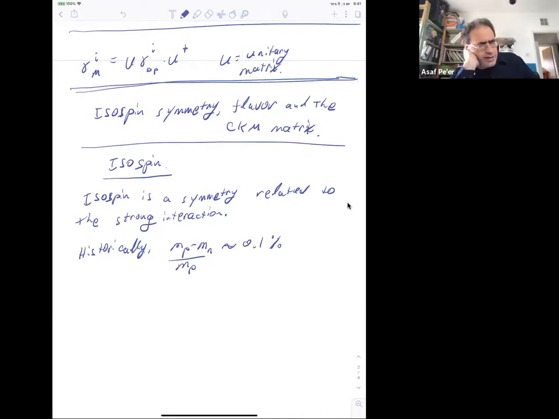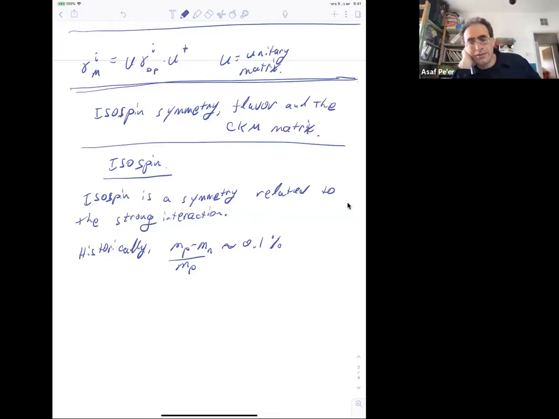Which means that since this is done via the strong force, the strong force potential is nearly the same for two protons, two neutrons, and proton-neutron. And the same when you do scattering experiments, neutron-neutron, proton-proton, they're the same up to the obvious charge difference.